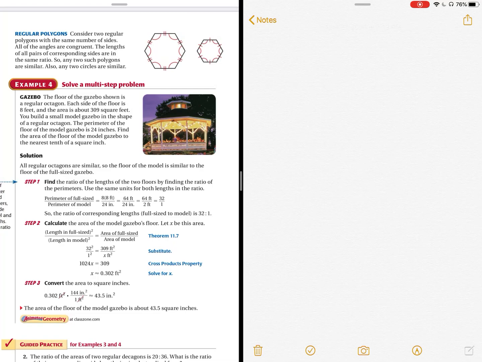Two regular octagons will be similar, right? So any two regular polygons that have the same number of sides are always going to be similar. So sometimes instead of telling you that two shapes are similar, they might just tell you they're both regular octagons. And in that case, you should know from this paragraph that they have to be similar. The last sentence in that also says any two circles are always similar to each other as well.